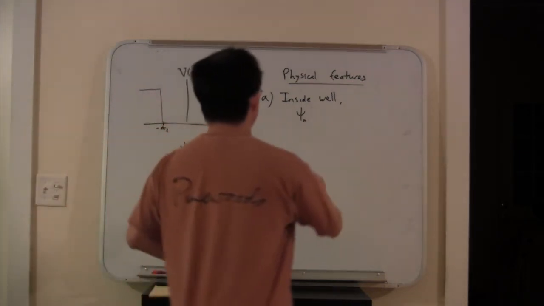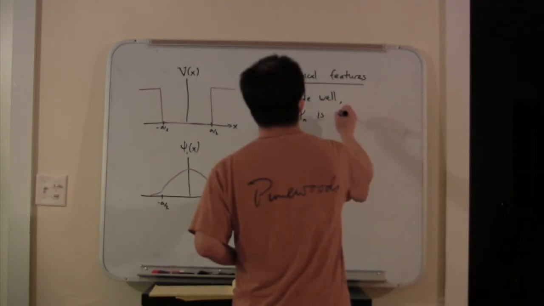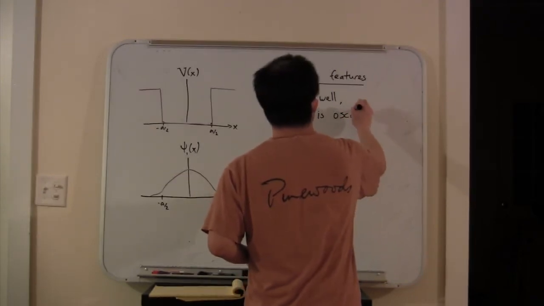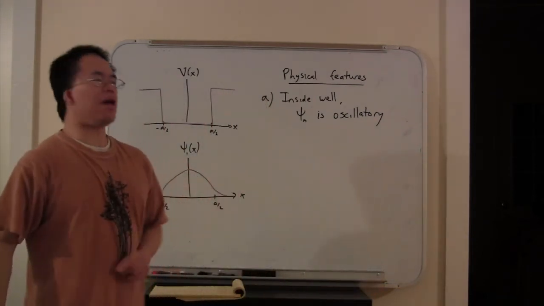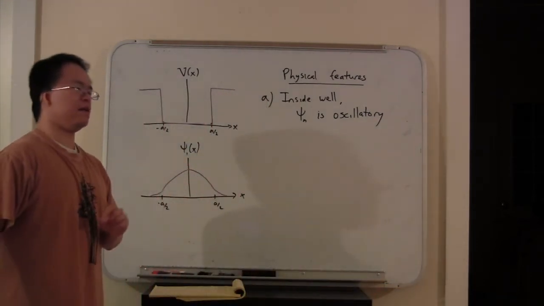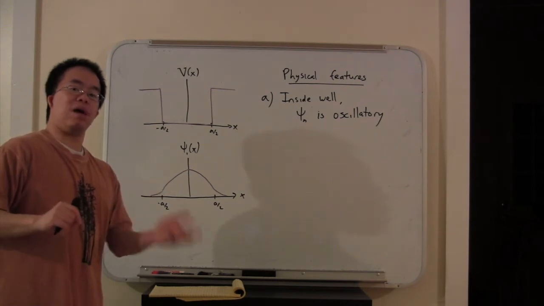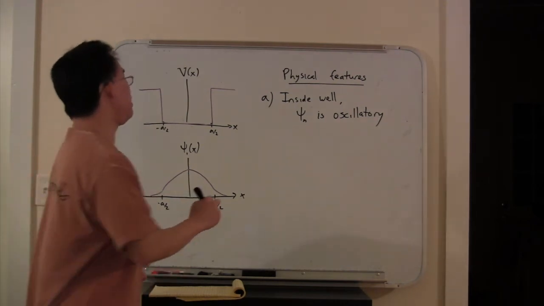So we have psi sub n is oscillatory. And we saw that already, right, from the fact that we had those complex exponentials inside the well.